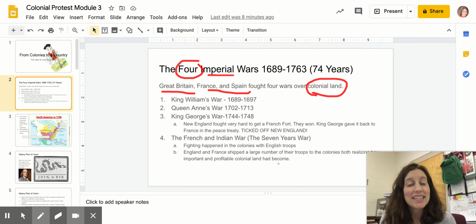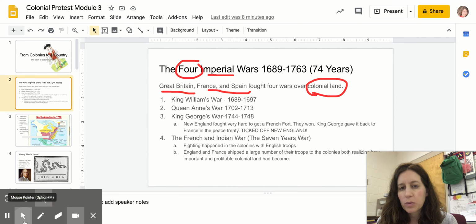Not only is England sending troops to fight in Europe, the 7 Years' War portion, which is tied with Austria and Prussia, they are also putting a huge number of British troops on boats to come over to the colonies to fight the French forces who have teamed up with Native Americans.